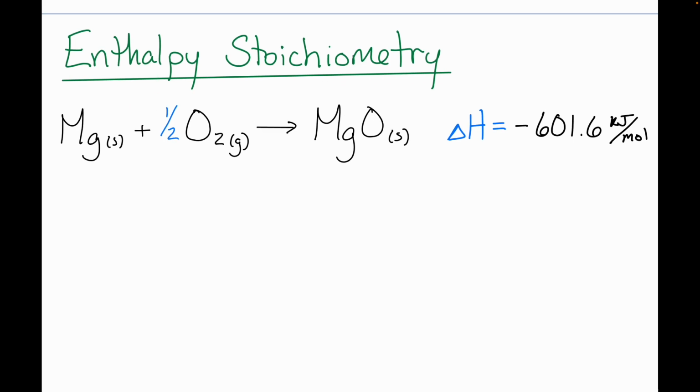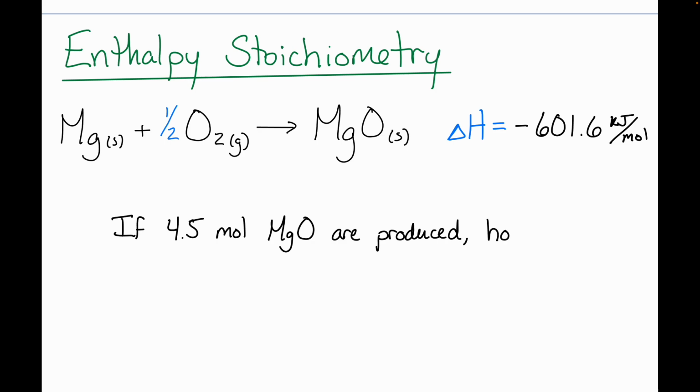Okay. So now I have this chemical equation here, and I looked up that delta H value on the table. And now I want to know if 4.5 moles of magnesium oxide are produced, how much heat is absorbed or released.